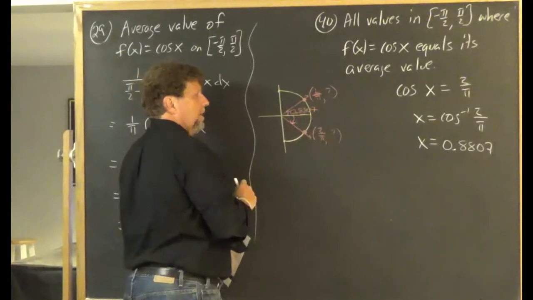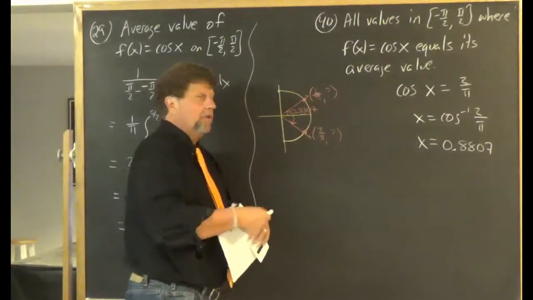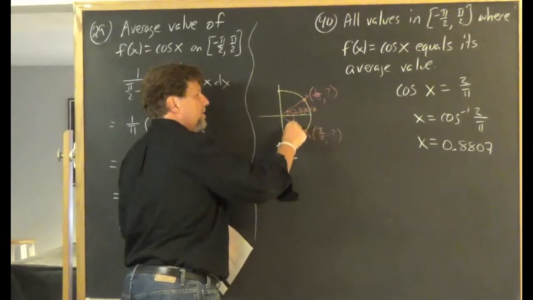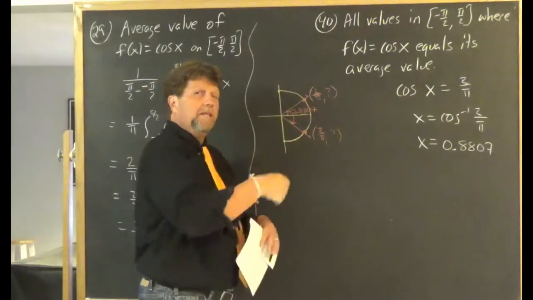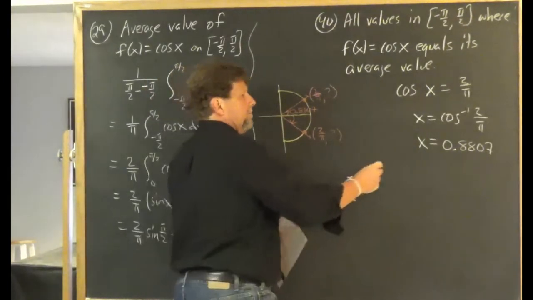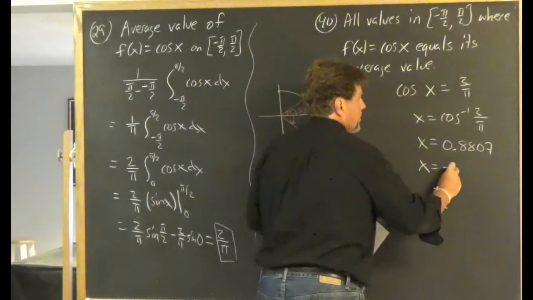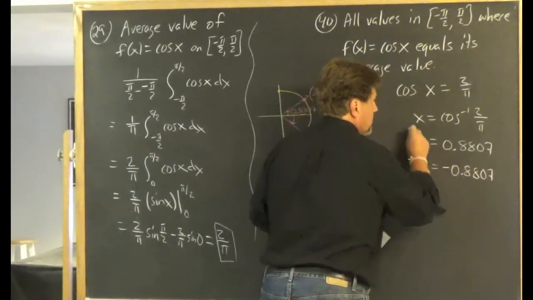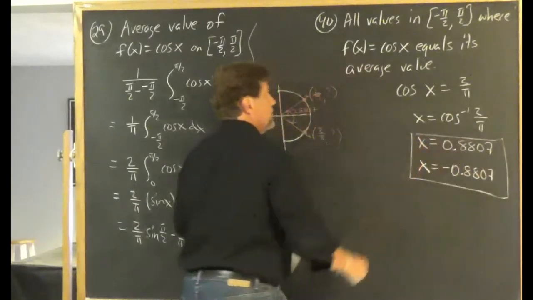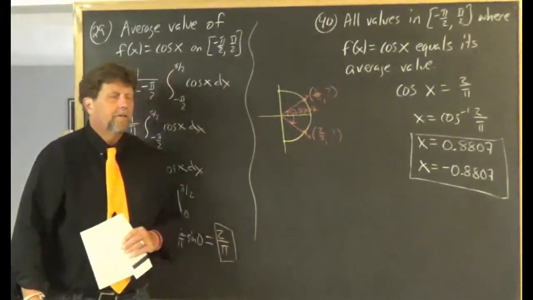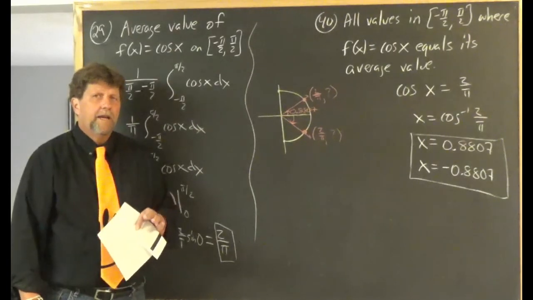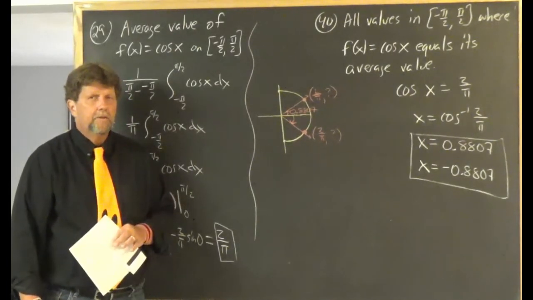It has to have the same magnitude, but notice the rotation it has. Remember that kind of rotation? A clockwise rotation means the angle is negative. Those are the 2 values of x in the interval negative pi over 2 to pi over 2, where the function cosine x is equal to its average value.